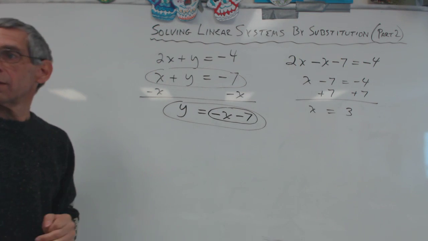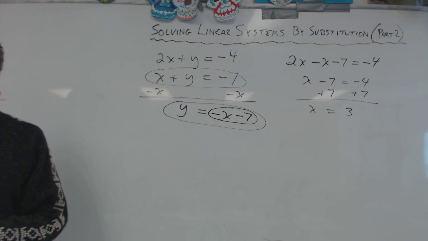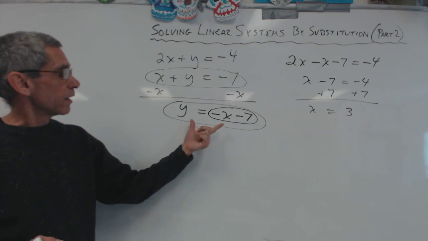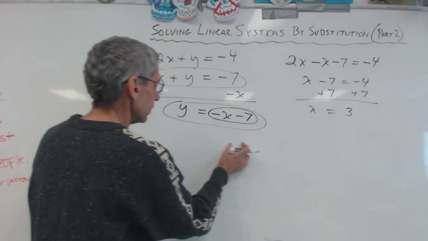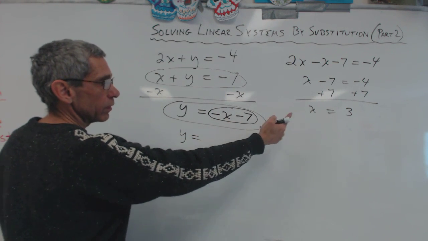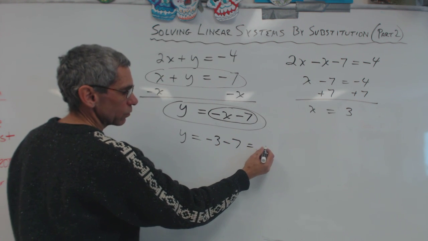Wait, if x equals 3, would you have negative 3 minus 7 when you put it back in to find your y? Yeah, if you wanted to use this equation, exactly. So you could plug this in now. So y is equal to negative x, negative 3 minus 7, which is what?